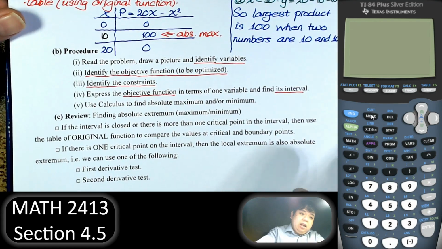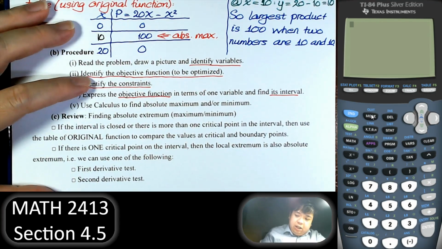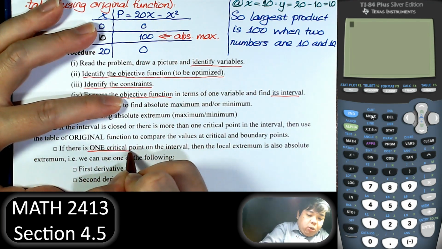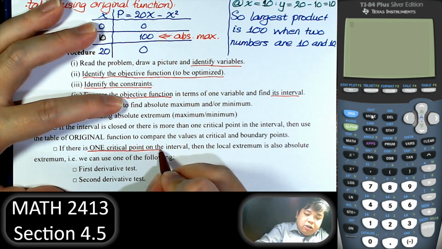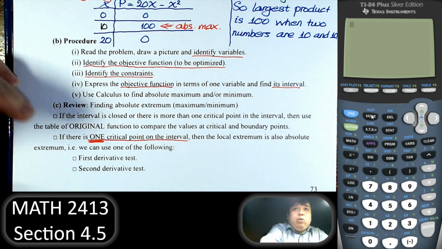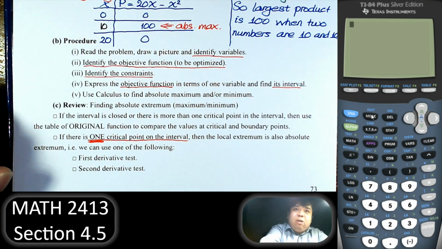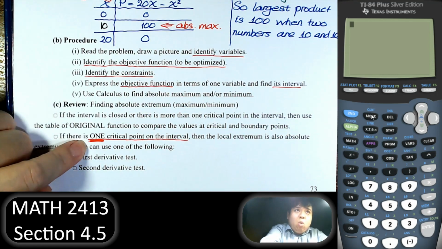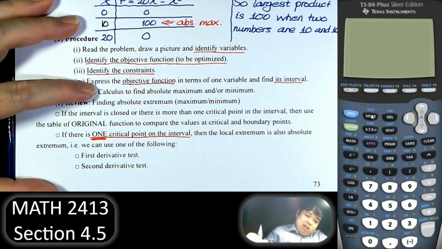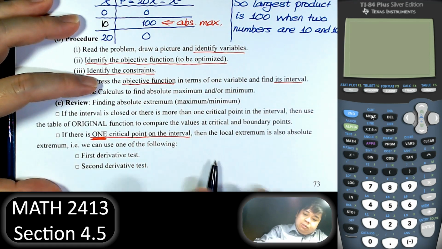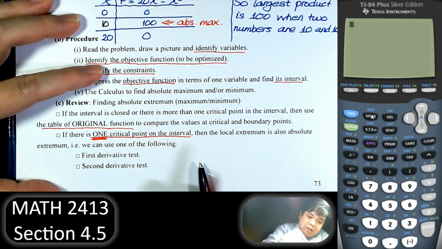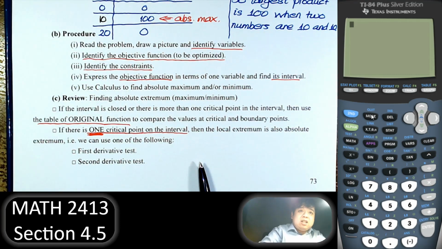Now, on the special case, and we will see this quite often, if there is one critical point on the interval, the key here is that because it's one critical point, we can have a lot of other options. Of course, if there's one critical point, we still can use the table of the original function if we want to.